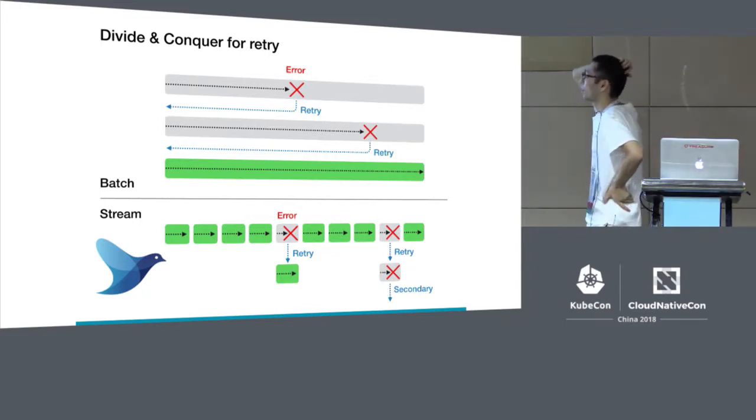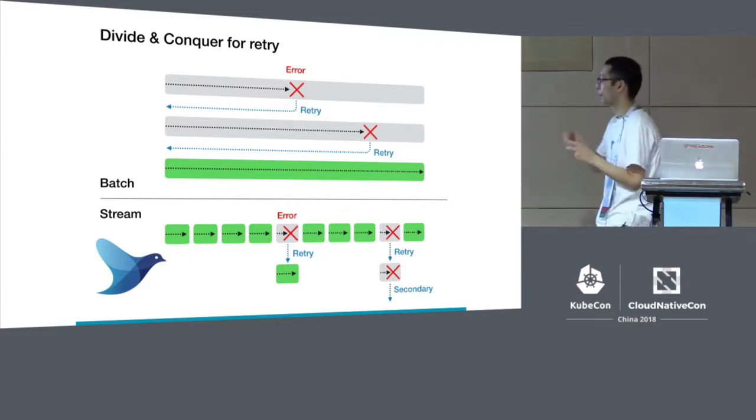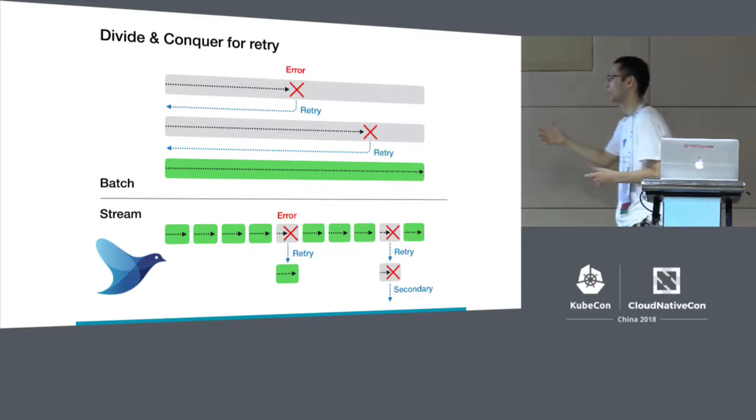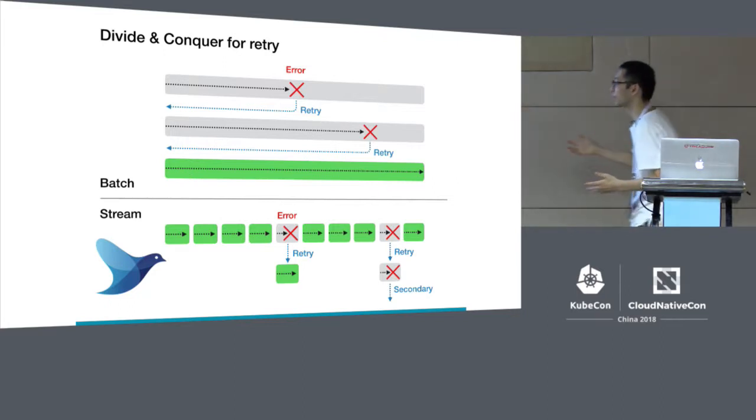So this is the internal data model of the Fluentd data streams. Actually, Fluentd is a streaming data collector, but Fluentd handles the data as micro batches. It means the buffer chunks I mentioned. In the batch model, it is very hard to retry because we need to resend the whole data to the destination when an error happens.